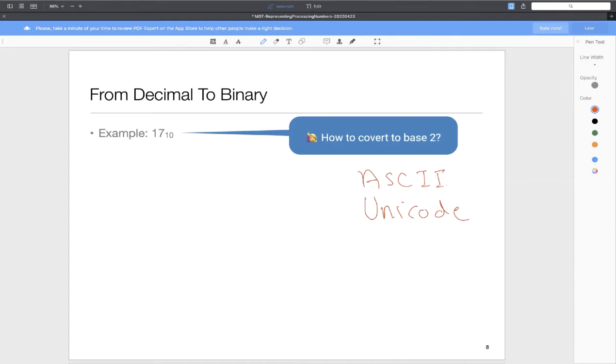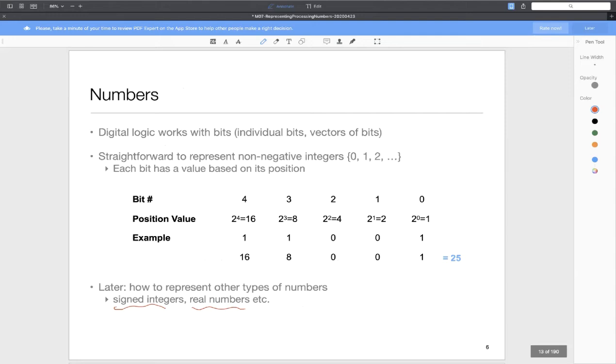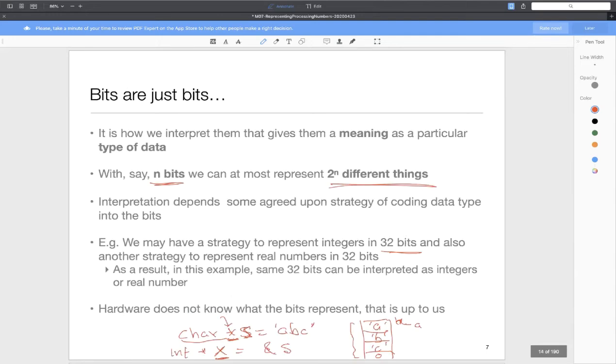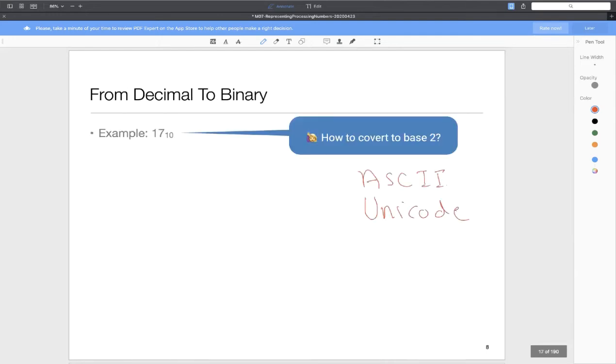Can anyone suggest a strategy where I give you the decimal number 17, base 10, and you give me a string of zeros and ones, a vector of zeros and ones, which is a base 2 number using this power of 2 coding, which will have exactly the same numeric value? So how would you proceed?